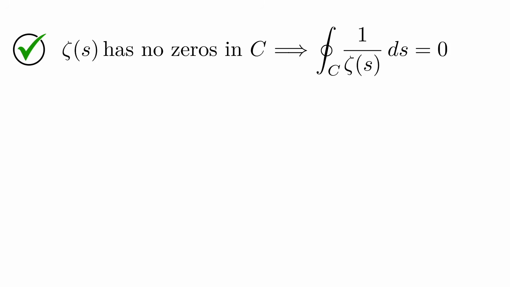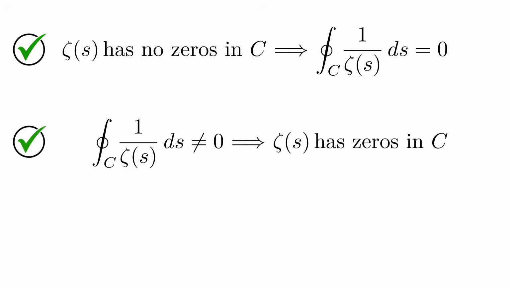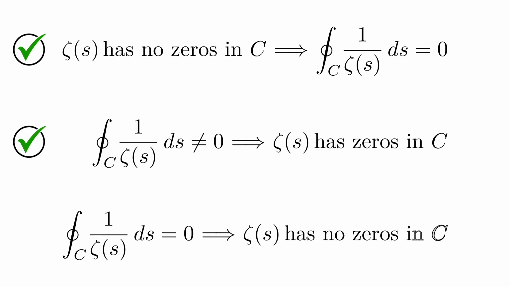That does give us what's called the contrapositive implication, which is that if the integral around the rectangle of 1 over zeta of s ds is not 0, then zeta of s has zeros inside our rectangle. But we also want to know that if the integral around C of 1 over zeta of s ds is 0, then it means that there are no zeros inside the rectangle. And unfortunately, that implication is in general false.